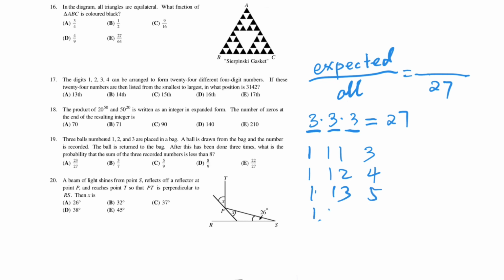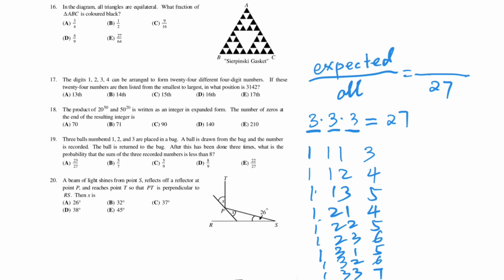And also 1, 2, 1, that's 4. 1, 2, 2, 5. 1, 2, 3, that's 6. And 1, 3, 1, 5. 1, 3, 2, that's 6. 1, 3, 3, that will be 7. That's all starting with 1.